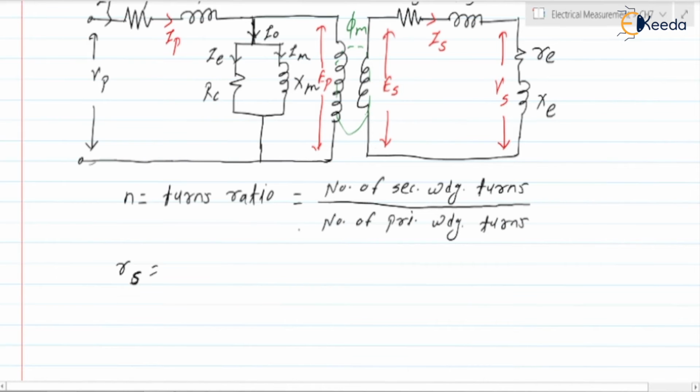Turns ratio is equal to number of secondary winding turns divided by number of primary winding turns.